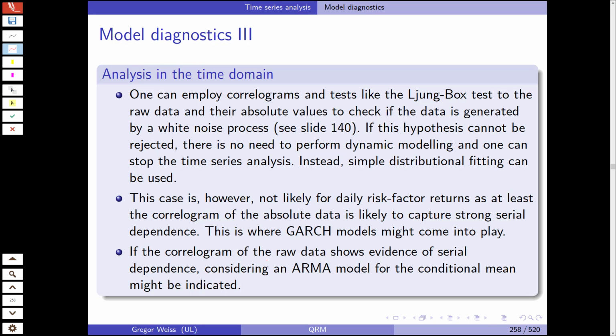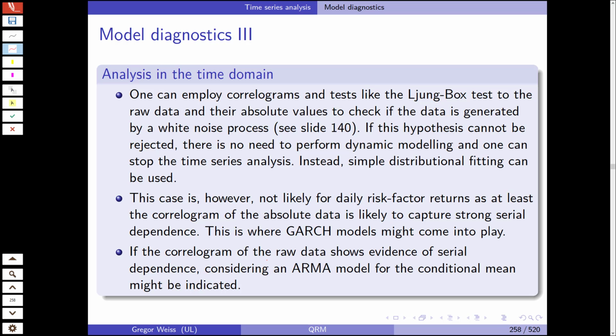again, you're done. However, it is not likely that daily risk factor returns, stock market data, etc., follow a white noise process. So you will probably see in the correlogram of the absolute data serial dependence, you will see that the Ljung-Box test is rejected, and this is where GARCH models might come into play.